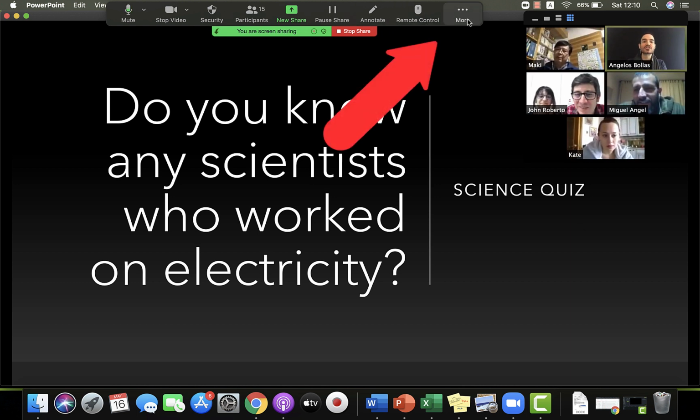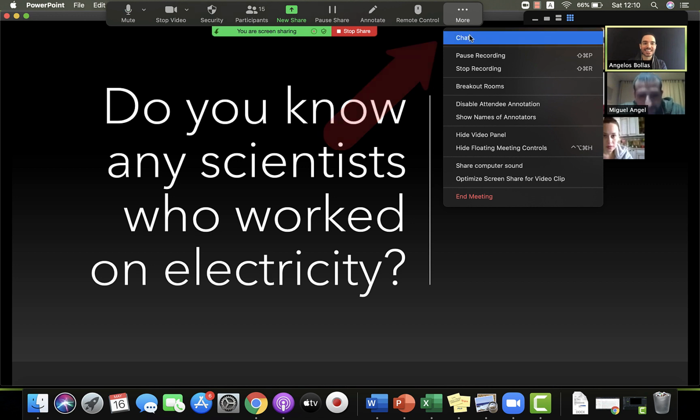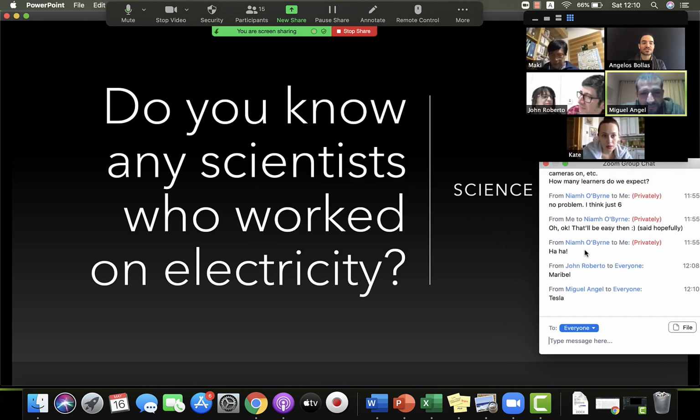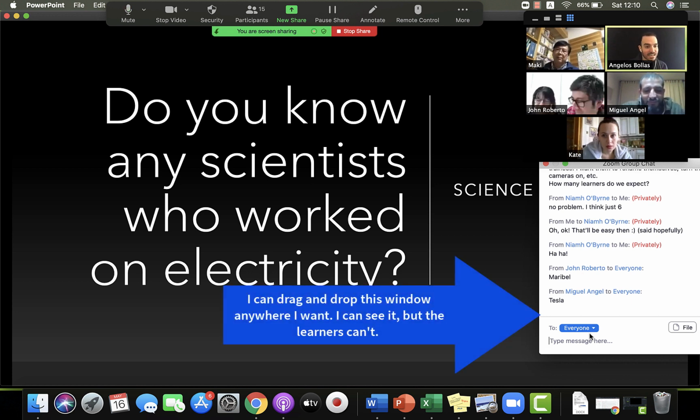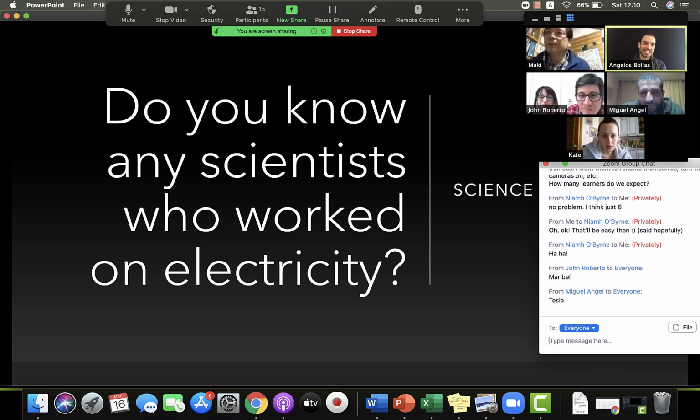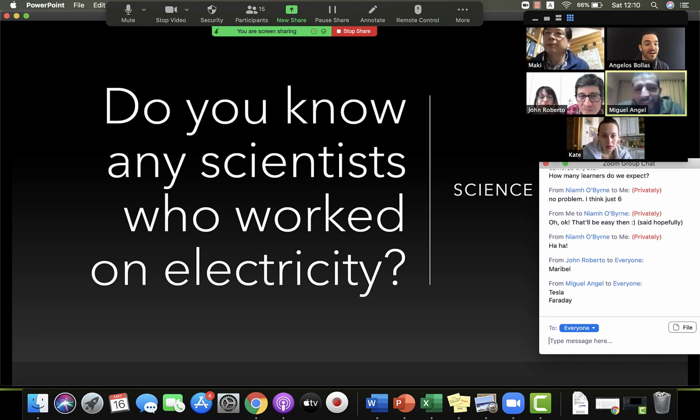Can you type it in the chat box so that we can see? And what other names do we have? I see Miguel wrote Nikola Tesla. Bell. Maki, can you type it in the chat box as well? I don't remember the name. Faraday, something like that.